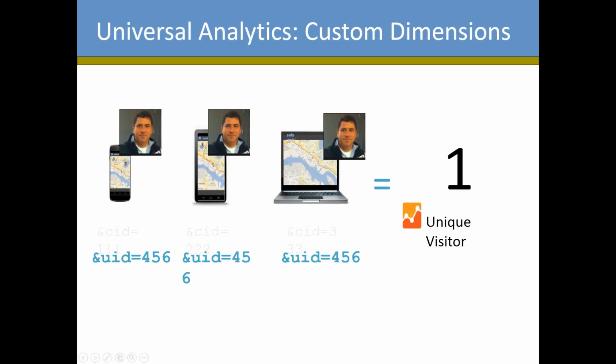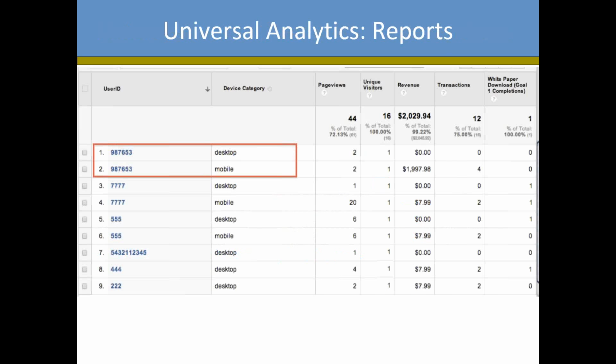Of course, this requires a login or some way to identify yourself, but there are many sites that do. Of course, you don't have to use Google Analytics in this way, but this functionality is available to you.